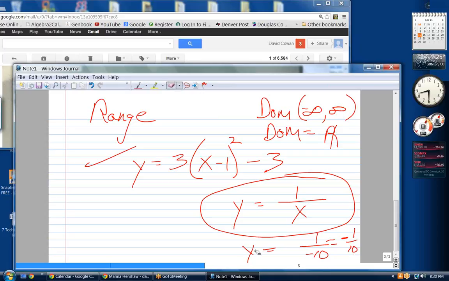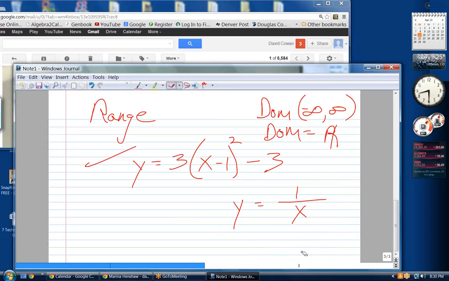So it's easy enough to make y negative. Can y be positive? We're talking about this one right here. Can I figure out some value of x that makes y positive?